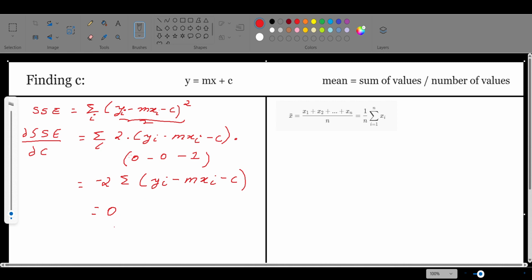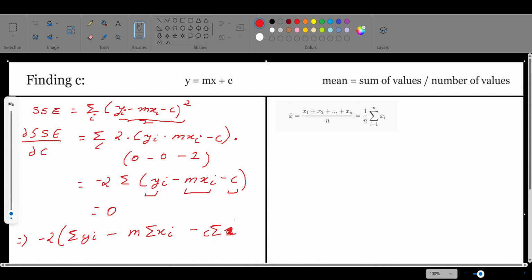Okay? So now, let's try and equate this to 0. We're going to separate these three terms and sum them up separately. So we'll say minus 2 times summation of yi minus m summation of xi, I'm taking out the constants, minus summation of c, or you could write c summation of 1 because it's c times 1.